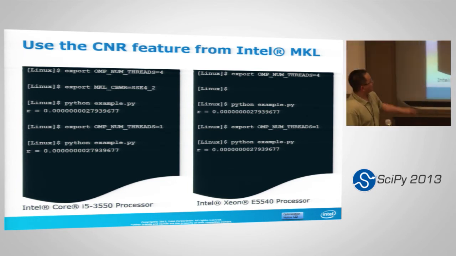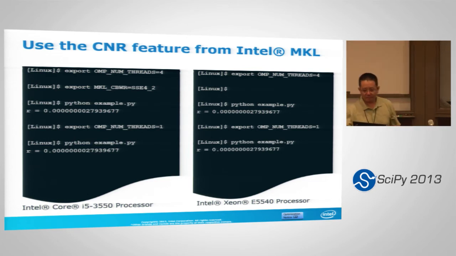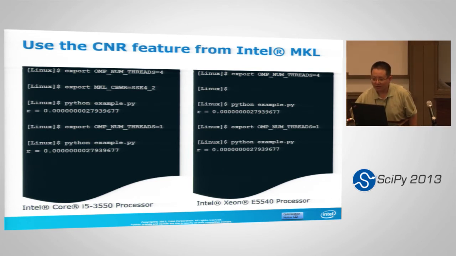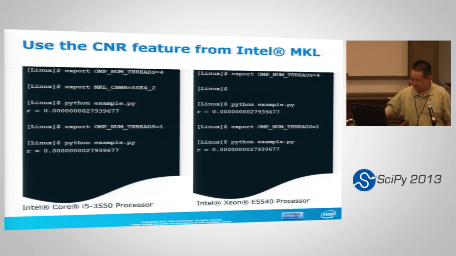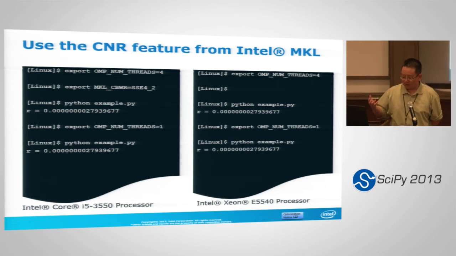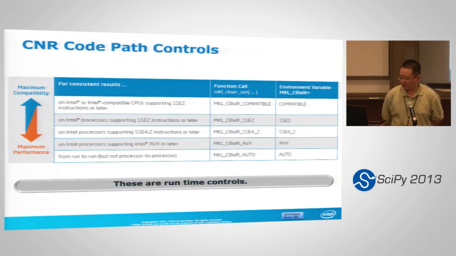By doing that, we unify the instruction set. So when we do that, we see that the results come out identical on both systems. And as long as we keep the same number of threads across these two systems, the numbers are the same.